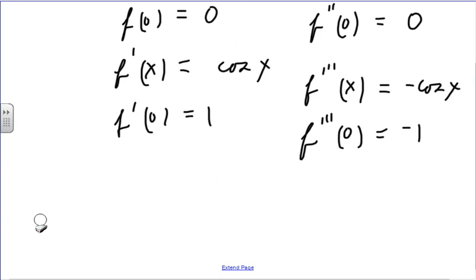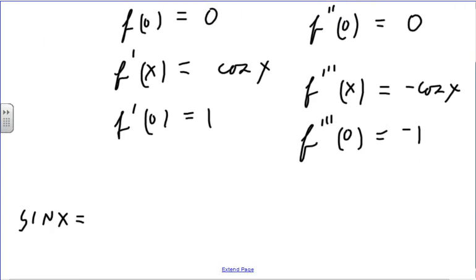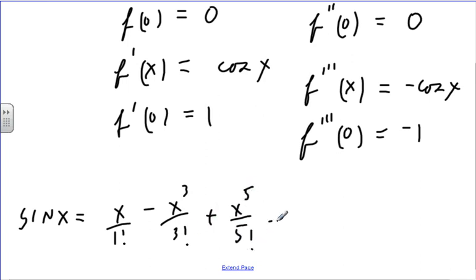So that being the case, the function sine x has a series expansion, and that series expansion is 0, which I won't write down, plus 1x divided by 1 factorial, which is a 1. We normally don't write it. Minus x cubed over 3 factorial plus x to the 5th over 5 factorial minus x to the 7th over 7 factorial plus blah blah blah, and then it would continue on.